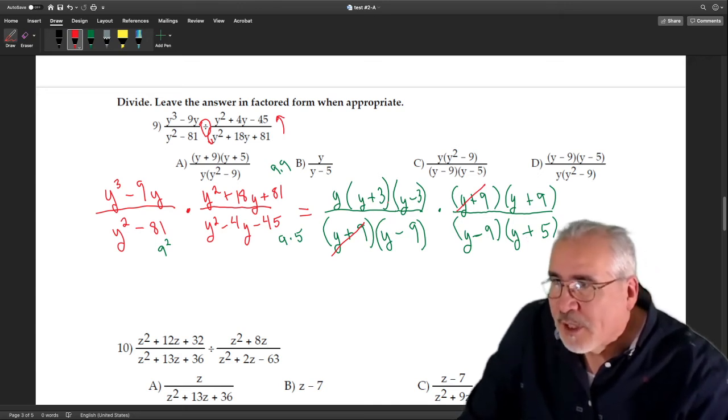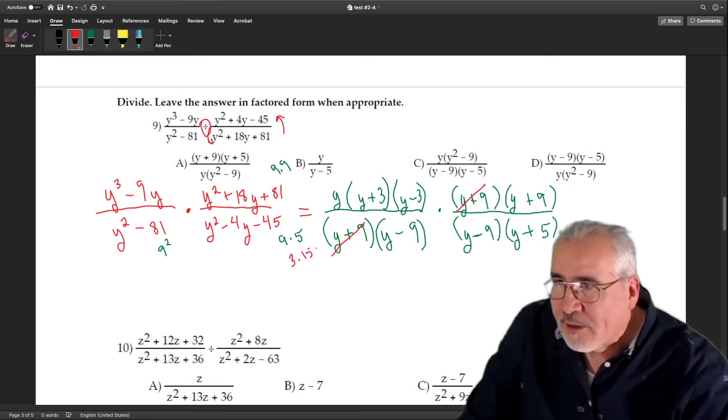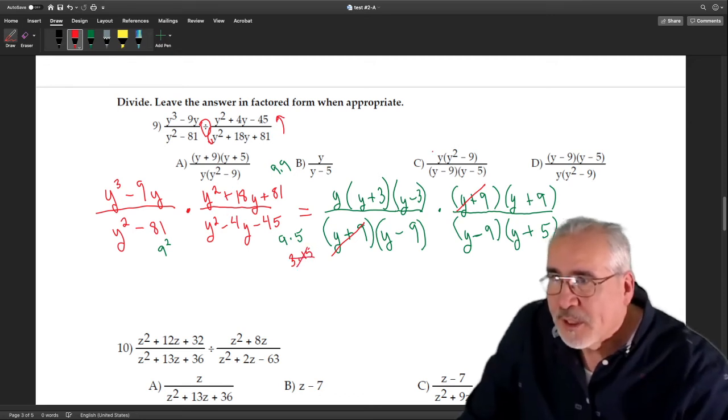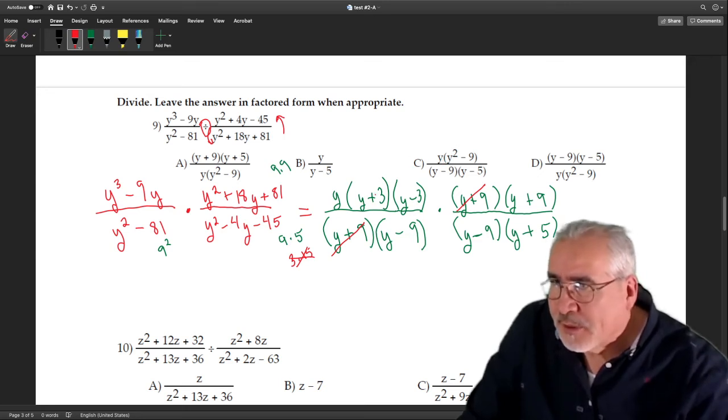Sometimes you see this and think maybe 45 is going to be 3 times 15 because we get the canceling that way, but it didn't work because of the middle term. It looks like that's really all we're going to get. So nothing's going to happen to these. We could have left this like that.